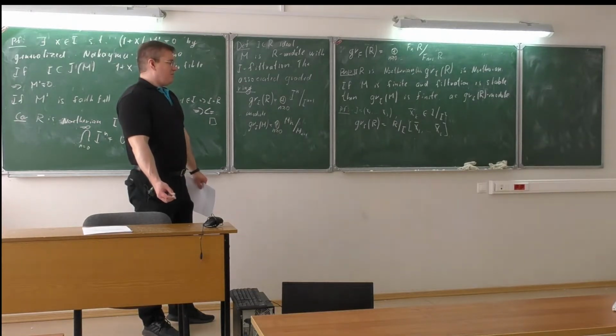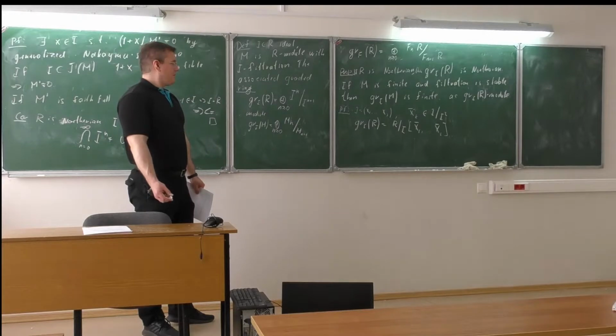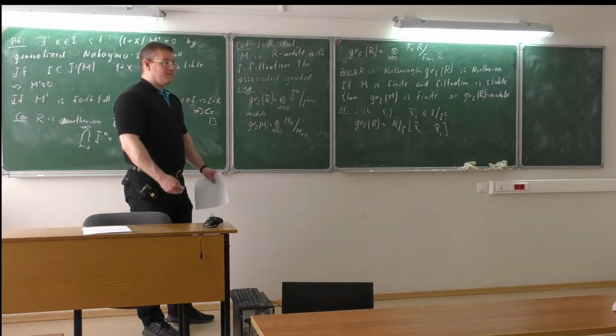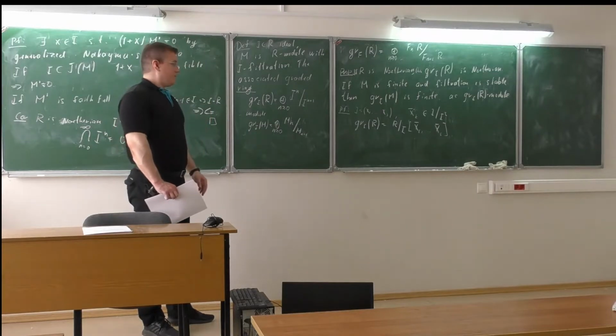Why can they be written in x_k bar? Well, because they can be written in just x_1, ..., x_s, and then you just take them modulo. But you take the quotient modulo I squared, and I squared is always larger than I^n.